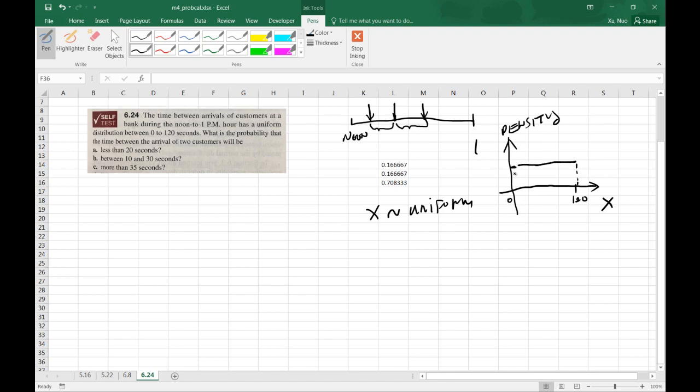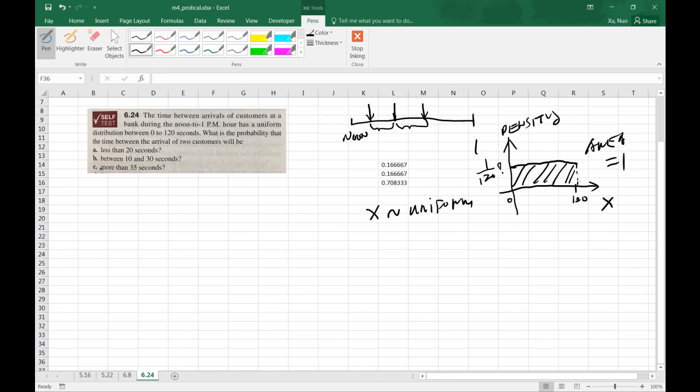So we know for this to be a density function, the area underneath the whole thing has to be 1. So the area needs to be 1. And therefore we can know what this value actually is. That value should be 1 over 120, because only in that case will we get a rectangle that has an area of 1.